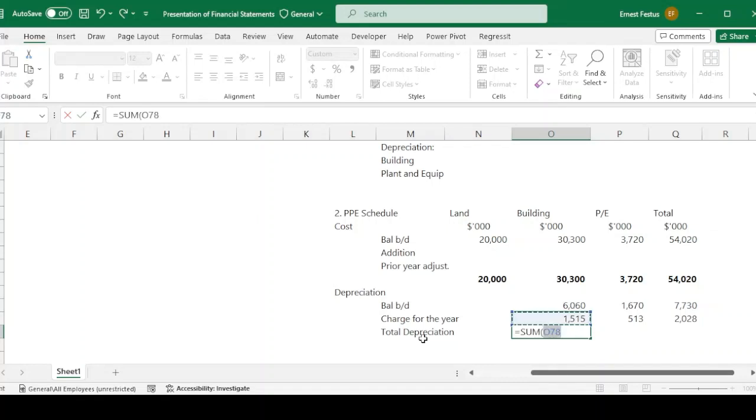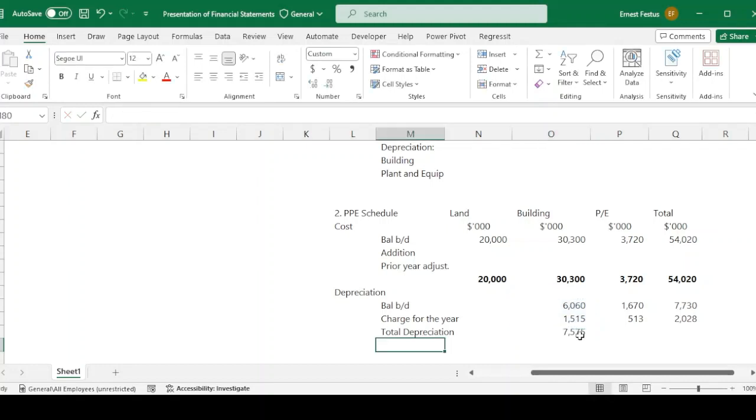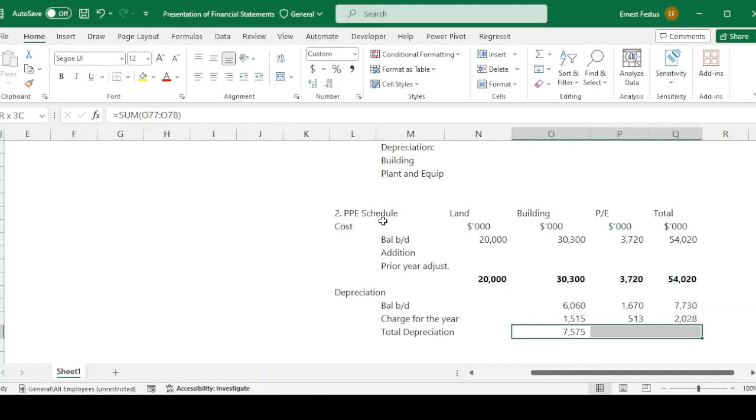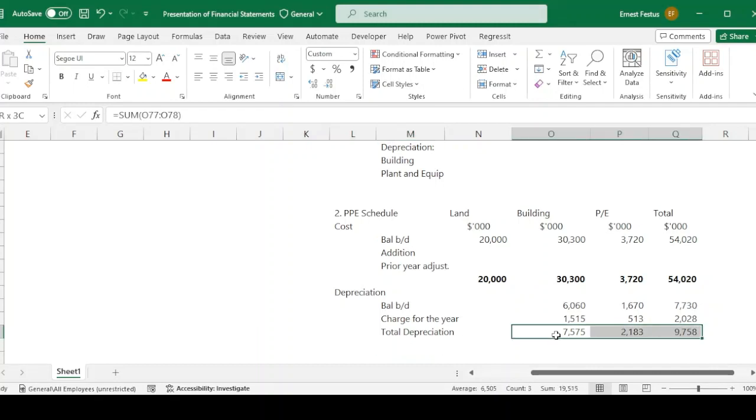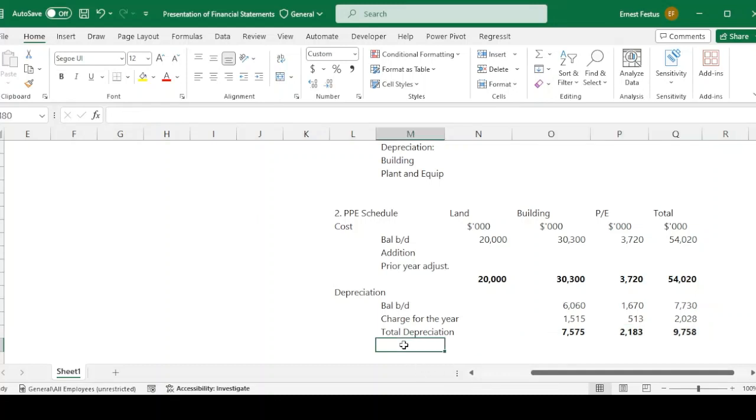I'm going to copy the formula across using Control R. And then with that, I'm going to bold it. And then we can now calculate our carrying amount.